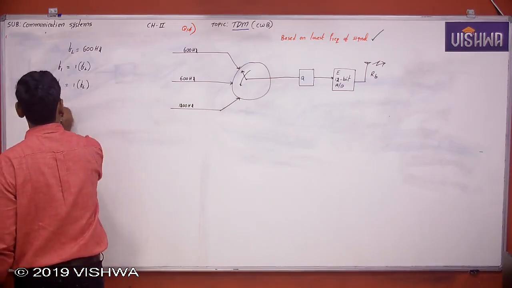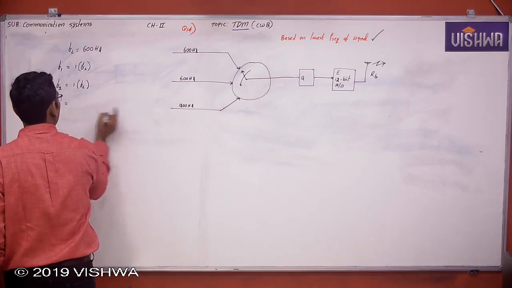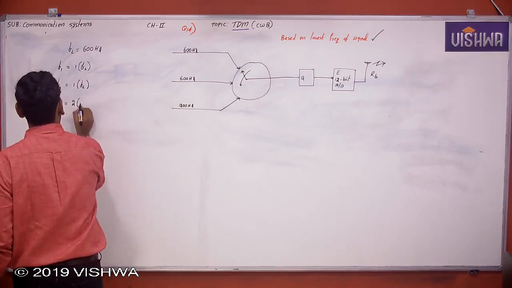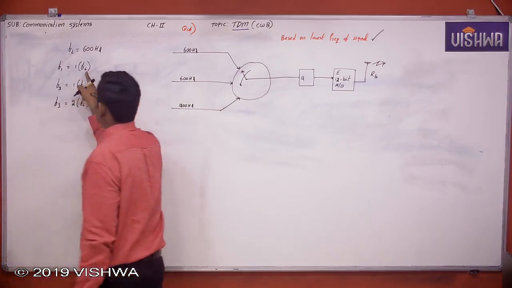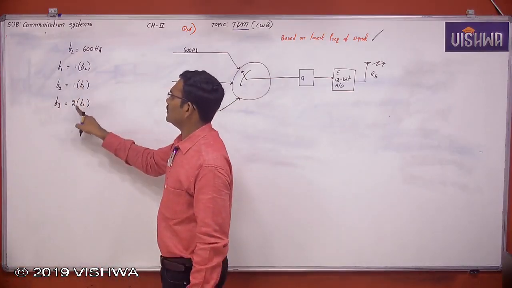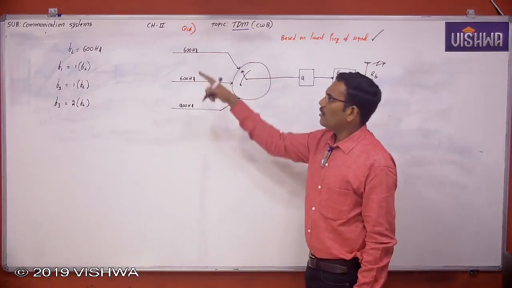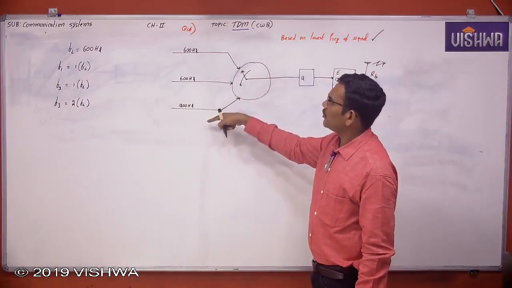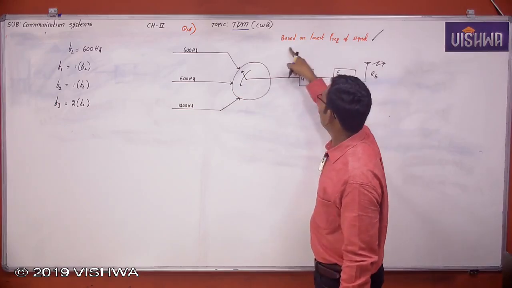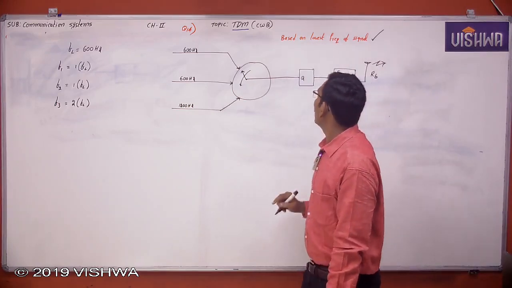What is the lowest frequency? 600 hertz. The first signal frequency is an integer multiple of the lowest frequency. The second signal is also an integer multiple, and the third signal is also an integer multiple. 1 into 600, 2 into 600 is 1200. Therefore, all the frequencies are integer multiples of the lowest frequency, so we can fix the speed of the commutator based on the lowest frequency.